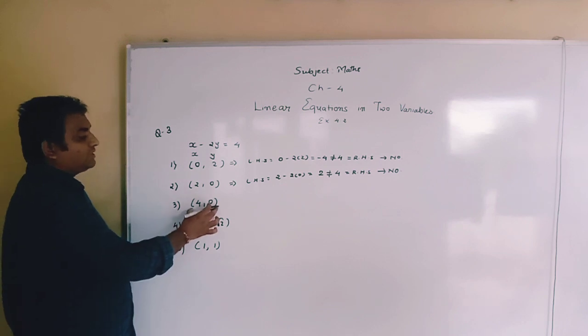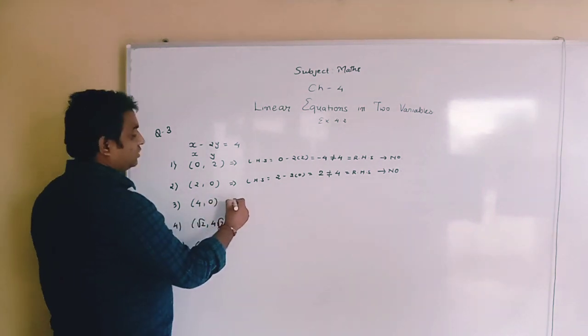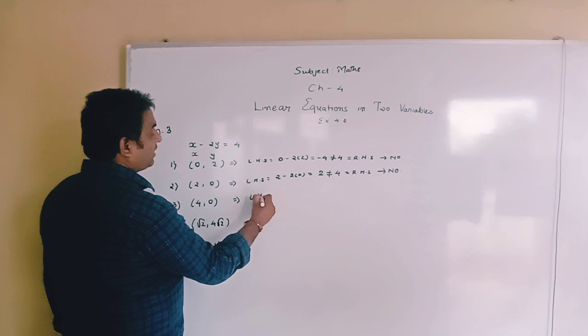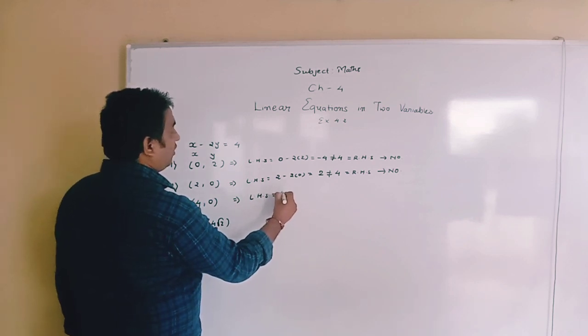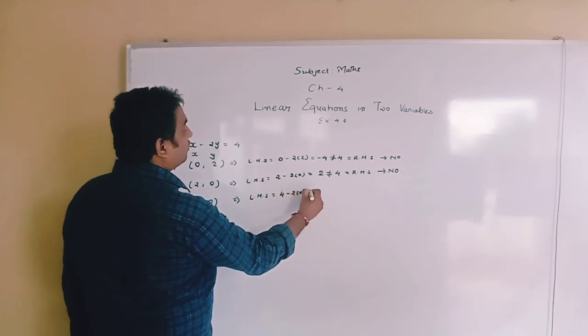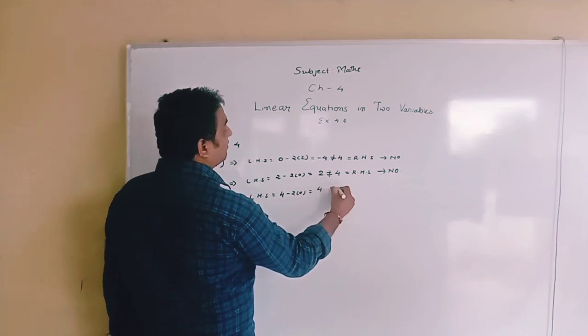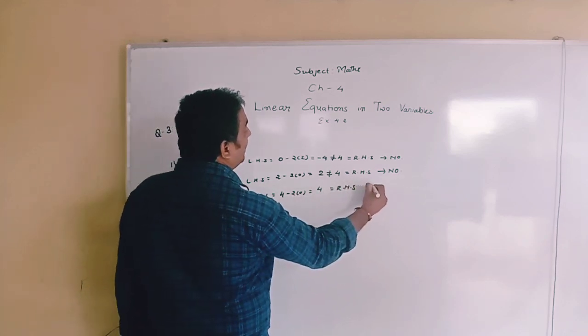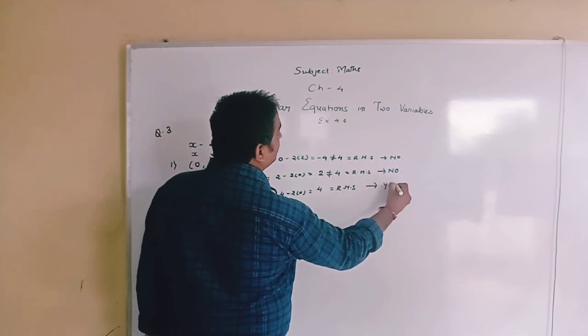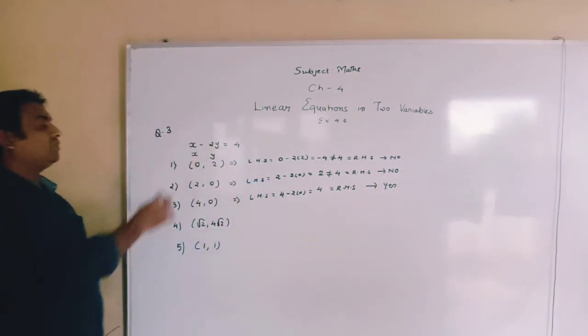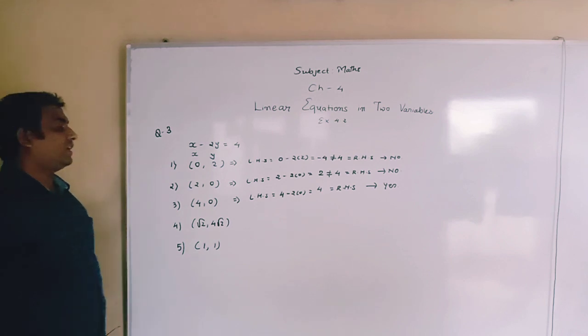Now the third pair is given: (4, 0). So on the left hand side we write 4 minus 2 into 0, which is 4 minus 0, 4, and that equals the right hand side. So we can say yes, (4, 0) is a solution of x minus 2y equals 4.